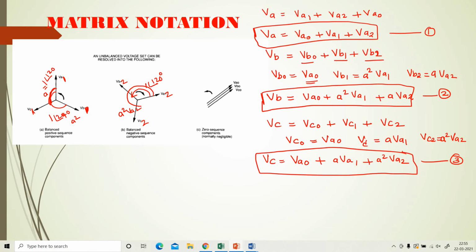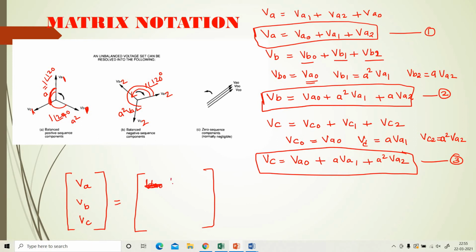Now I am going to equate unbalanced voltage with the three symmetrical components. So VA, VB, VC on the left hand side, on the right hand side I am having VA0.